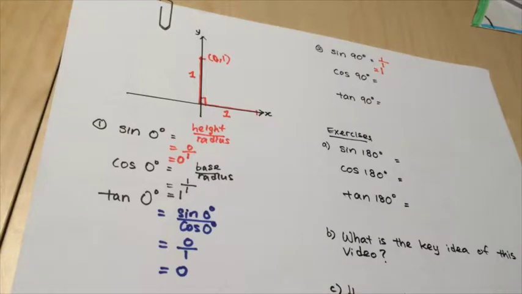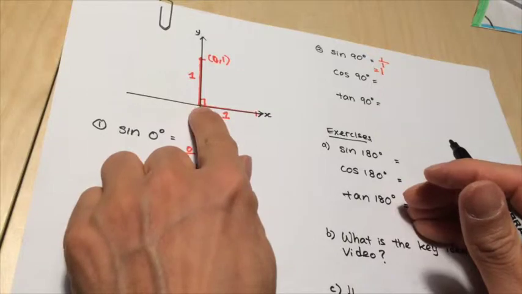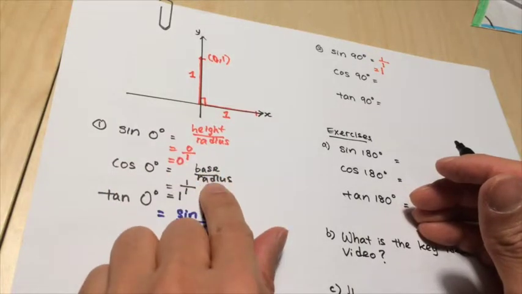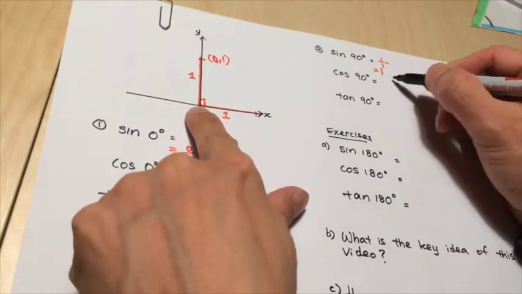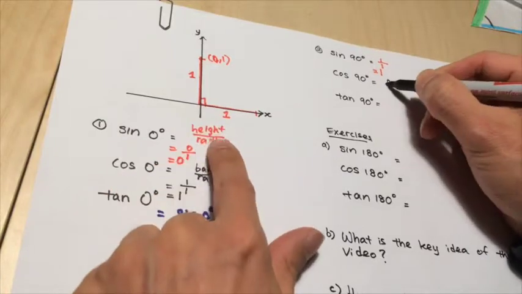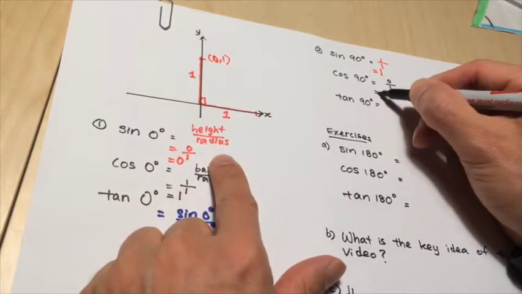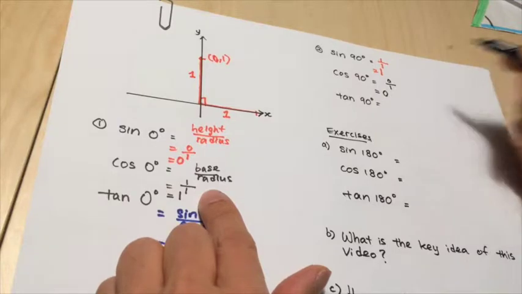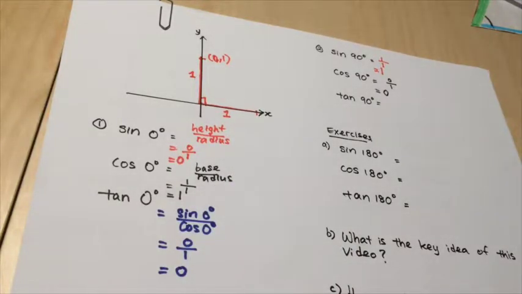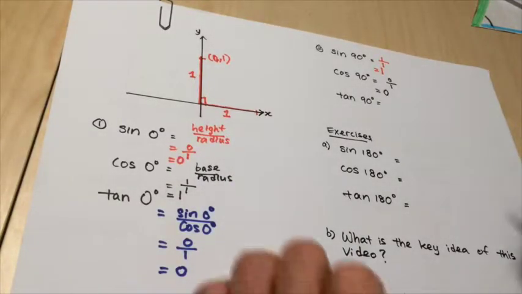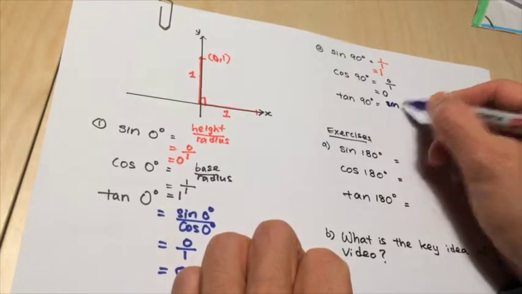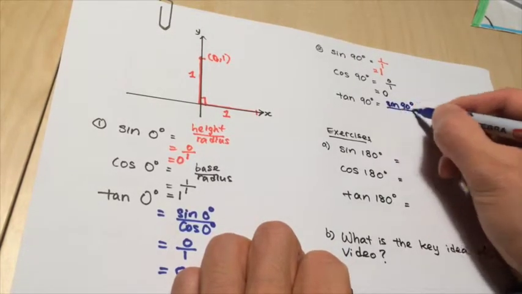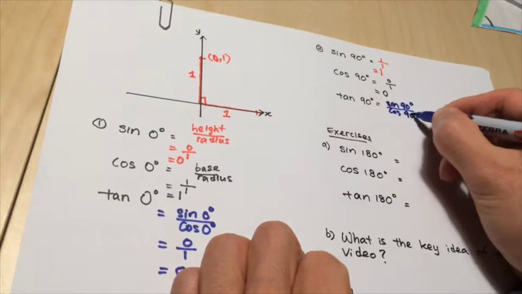Okay. How about cosine 90 degree? Cosine 90 degree is, well, the base over radius. There is no base, so there's 0. And the radius is 1, so the answer must be 0 over 1 must be 0. And how about tangent 90 degree? Well, tangent 90 degree is sine of 90 degree over the cosine of 90 degree.